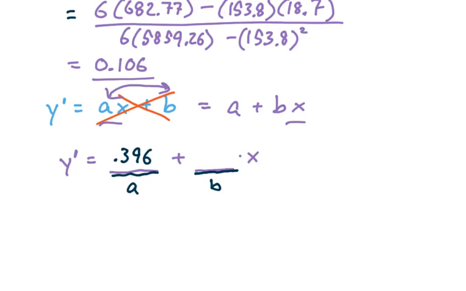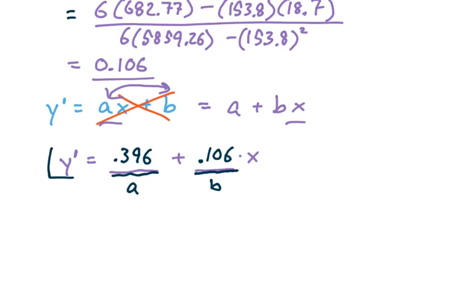Then the slope of this equation is 0.106. So that indicates how steeply it is either rising or falling. In this case, every time we move x over by 1, the y value is predicted to increase by exactly 0.106.